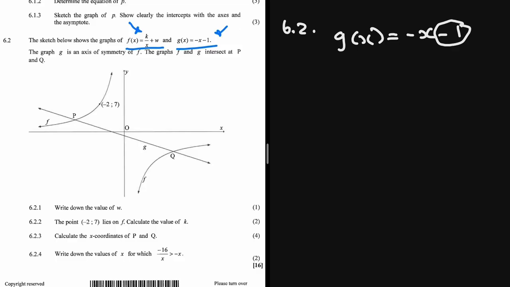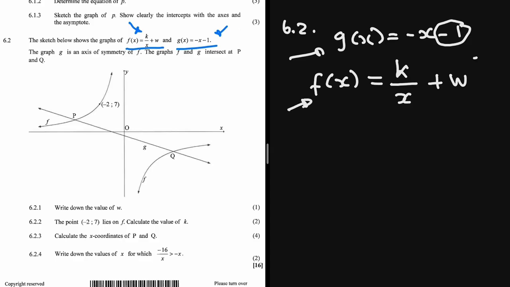So automatically from that statement that is given to us, we can just conclude to say now our hyperbolic function is given as f at x equals to k over x plus w. So this equation is the axis of symmetry of this function, which is hyperbolic. Therefore, the value of c here is going to be the same as the value of w, because that is what we call the asymptote of our hyperbolic function. Okay, so that means now we can conclude to say now, therefore, the value of w is going to be -1 before we can even go anywhere.